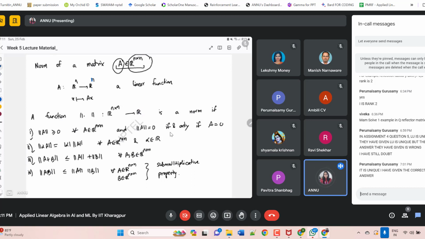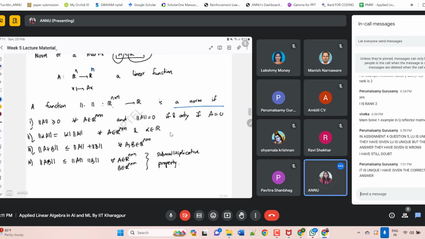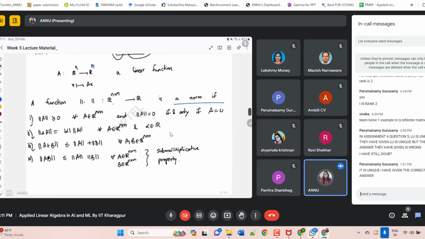So a function that is defined from R n cross n, that is a matrix, to R is a norm if it follows these particular things. First, the norm of A should be greater than or equal to 0, and the norm of A is equal to 0 if and only if A is equal to 0.